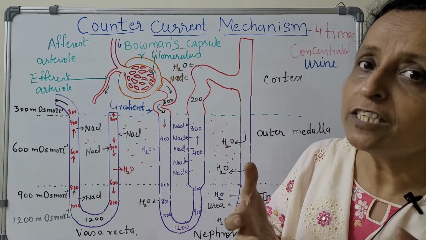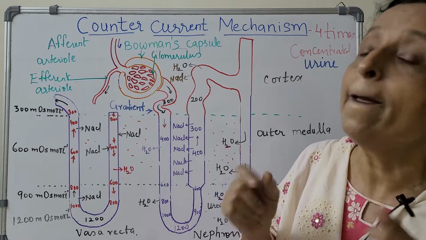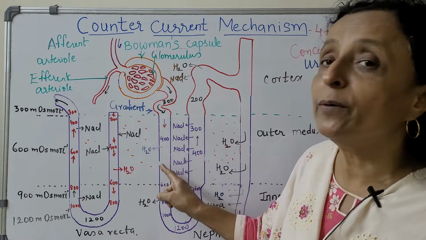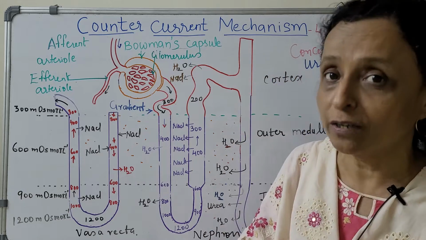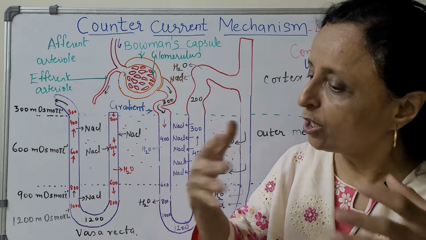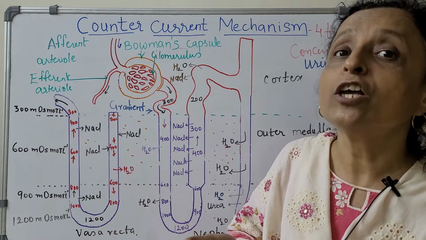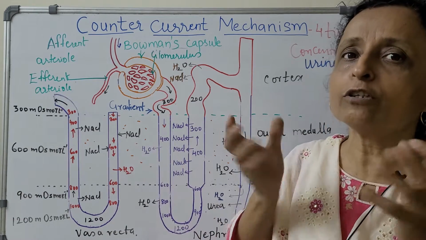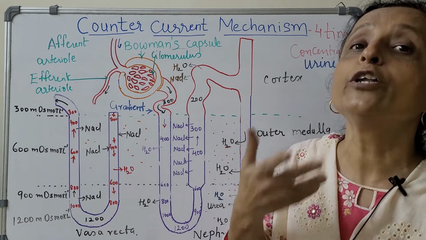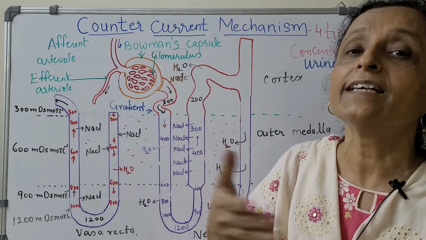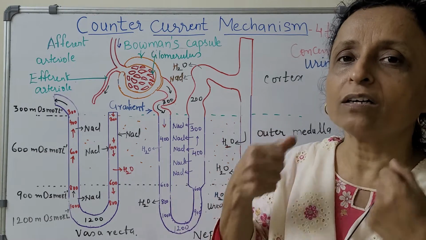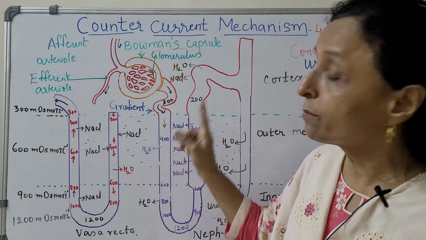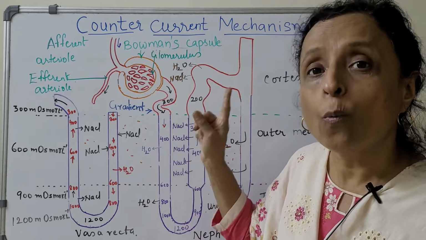Why does the concentration go on increasing? Because the descending limb is permeable to water. As the water goes out, the solvent is gone, and the solute, urea and salt, has increased. NaCl is increased, urea is increased, because this limb is permeable only to water.